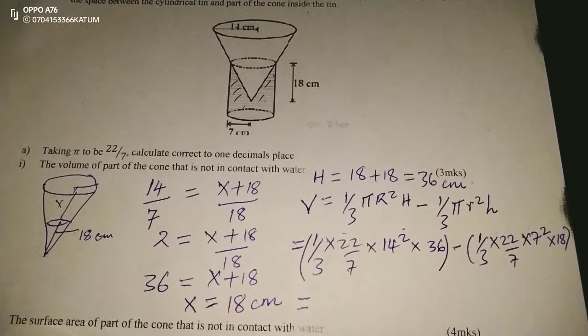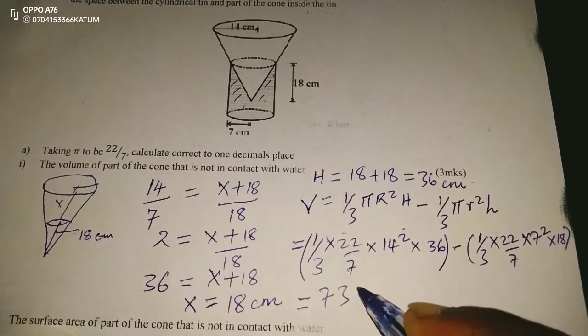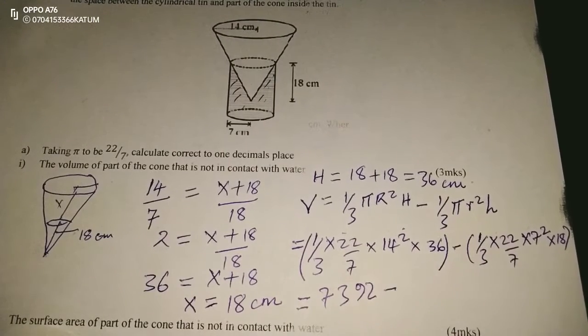1/3 times 22 over 7 times 14 squared multiplied by 36. This becomes 7392, minus 1/3 times 22 over 7 multiplied by 7 squared, then times 18.